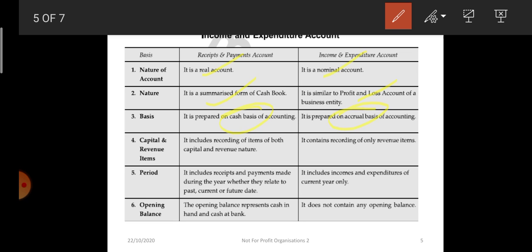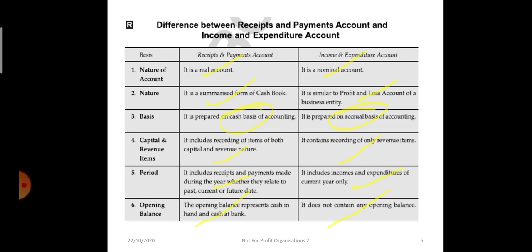Receipt and payment includes recording of items of both capital and revenue nature, whereas here only revenue nature items are recorded. Income and expenditure includes items relating to current year, whereas in receipt and payment, irrespective of the current year or previous year, if cash is received, it will be recorded. Opening balance will be there in receipt and payment, and there will be no opening balance in the income and expenditure account.